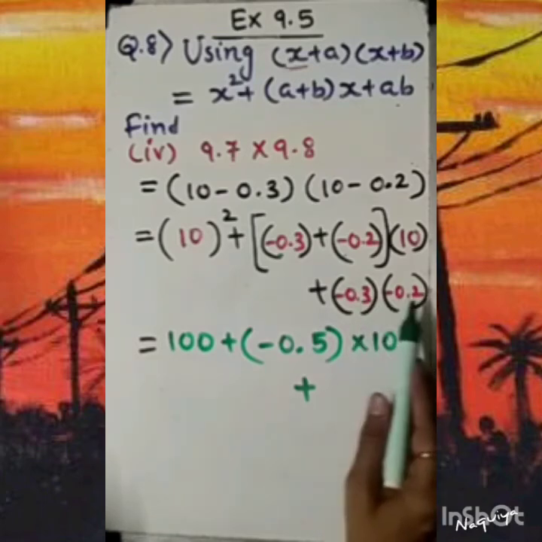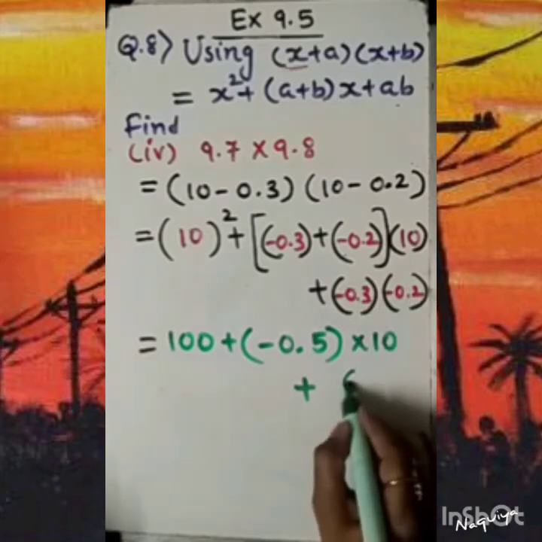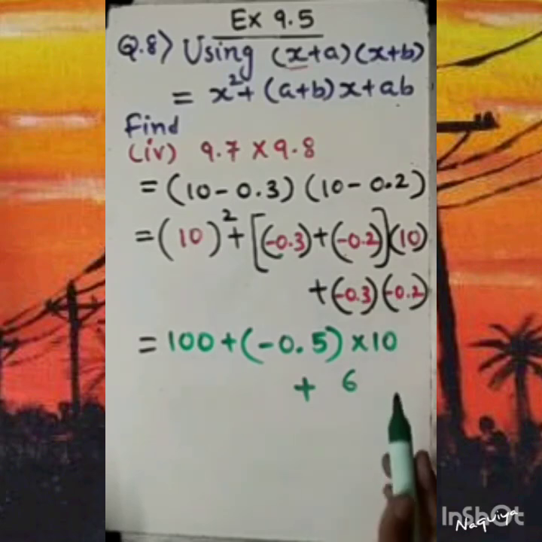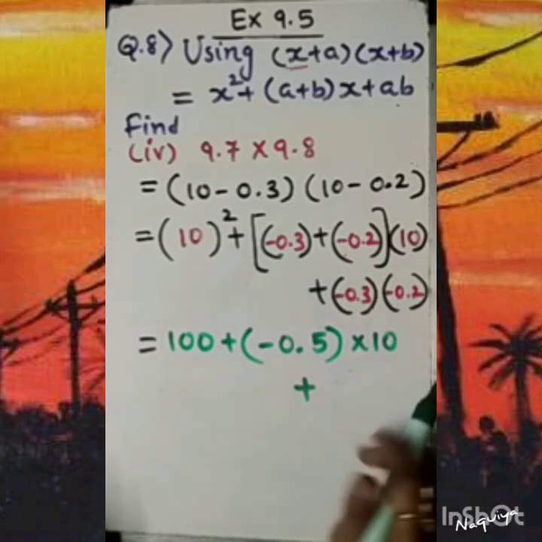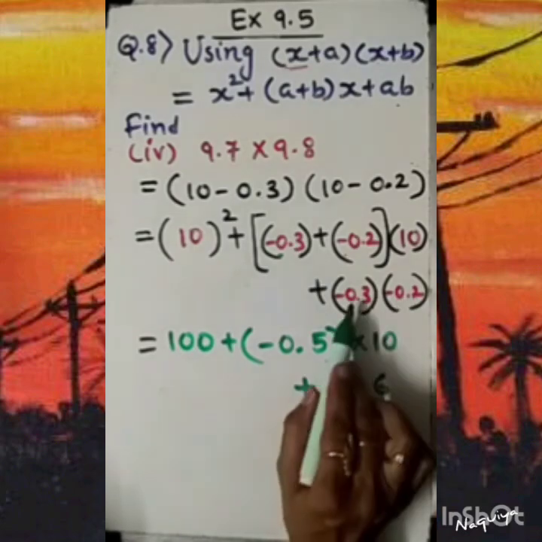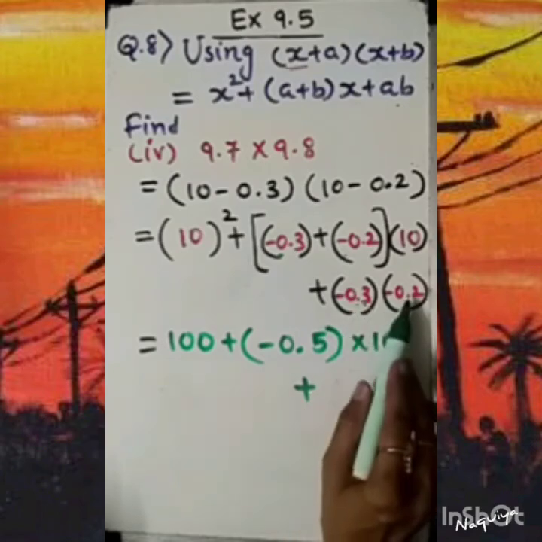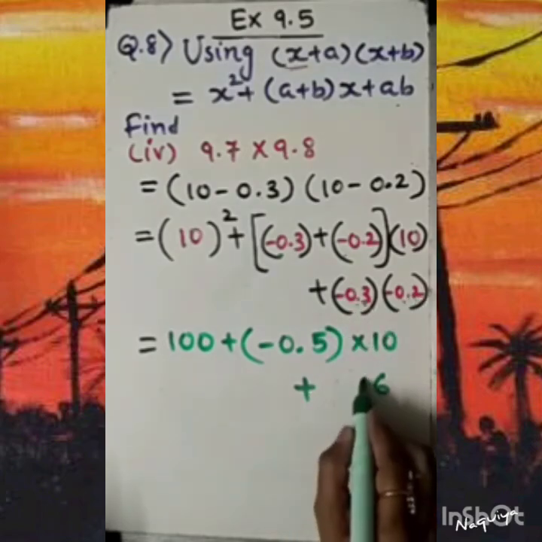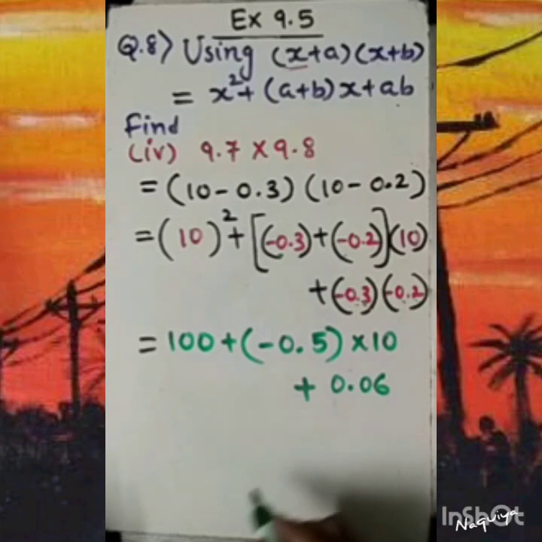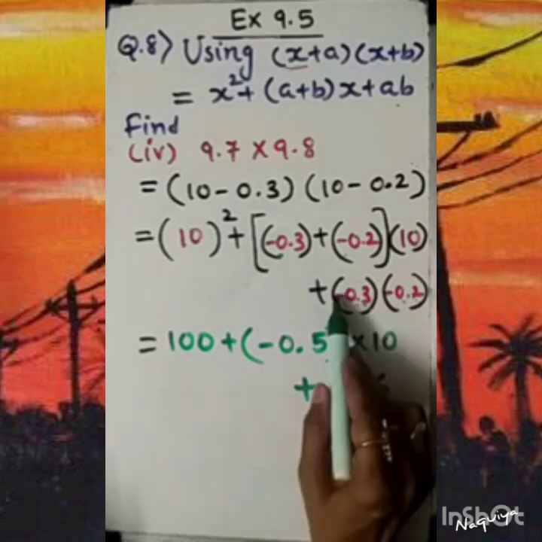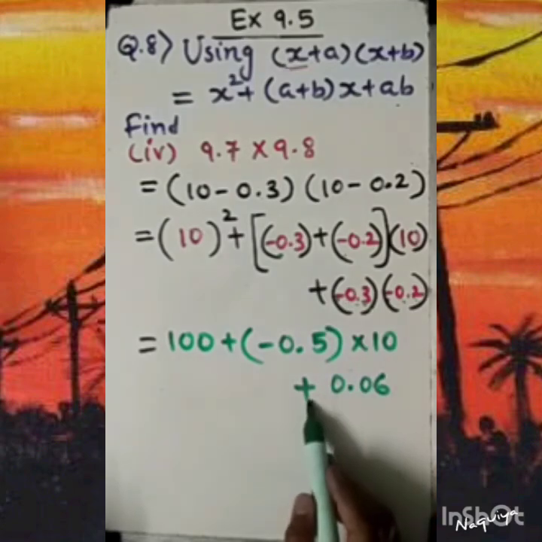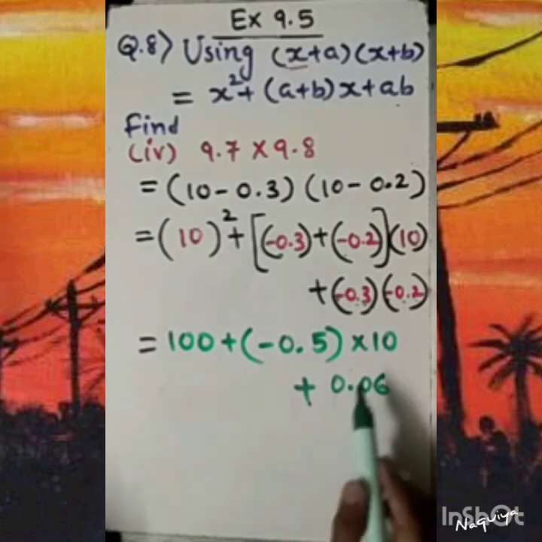So 3 2s are 6. But how to shift the decimal? We know that after decimal 1 digit, here also 1 digit, so total 2 digits we need to shift. Fine. And in the product, when we multiply a negative number with a negative number, it will become positive. Once again I am explaining.